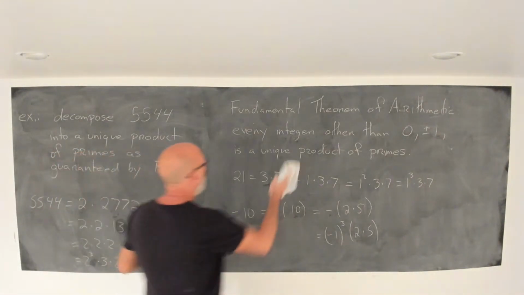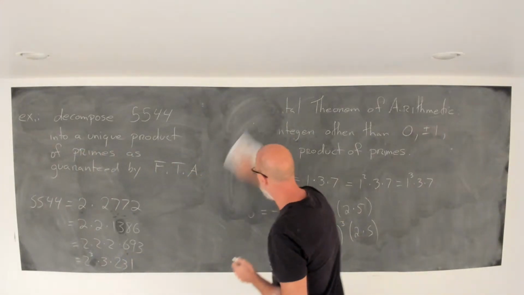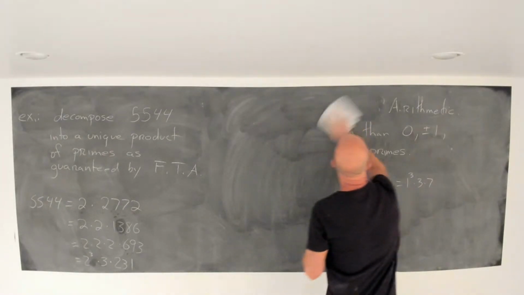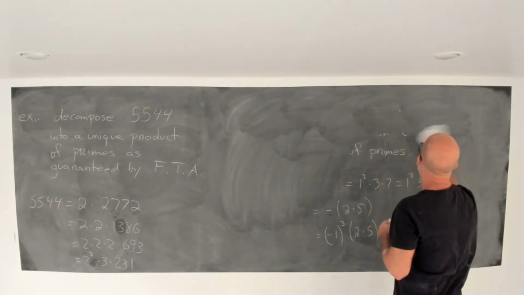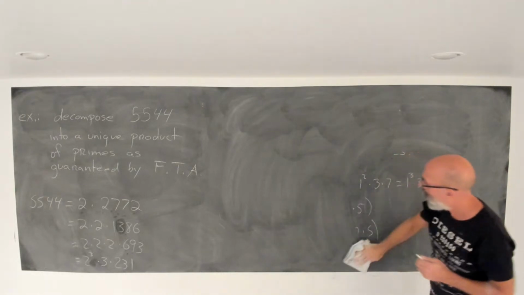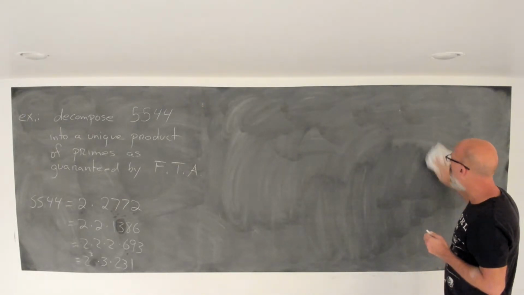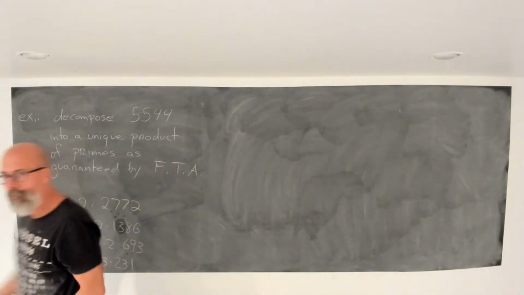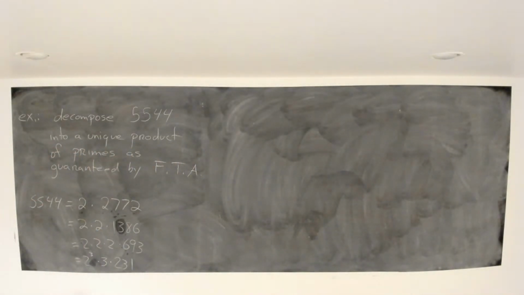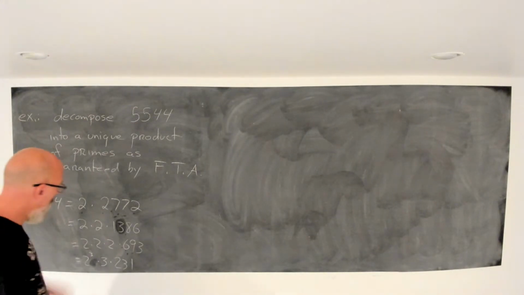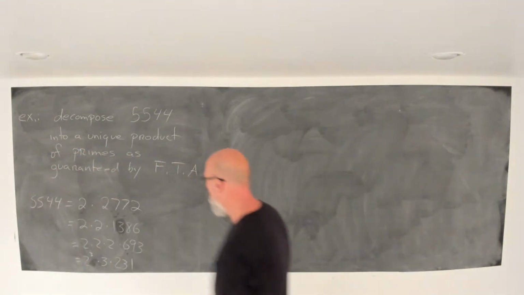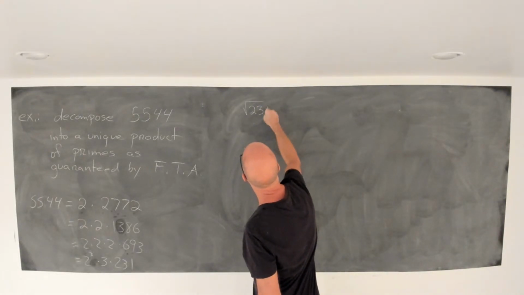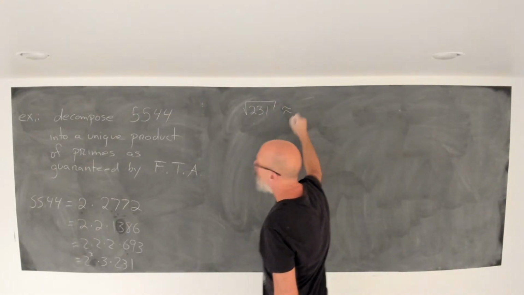And now the question arises, is 231 prime or not? It's not clear. Although somebody did at one point mention that this was divisible by 11, so this gives you a hint as to whether or not it's prime, but square root of 231, what is that?